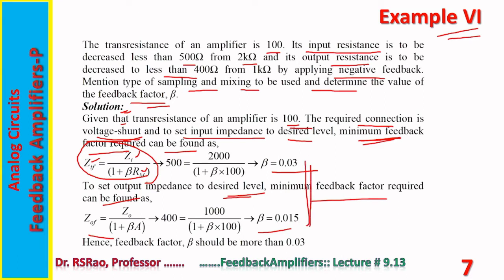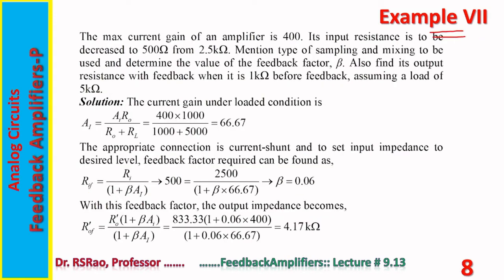Considering these two aspects, and as we don't have the possibility of having two betas in a single feedback loop circuit, only one beta value we can have. That beta value, it can be easily understood that it should be more than 0.03, larger of the two.